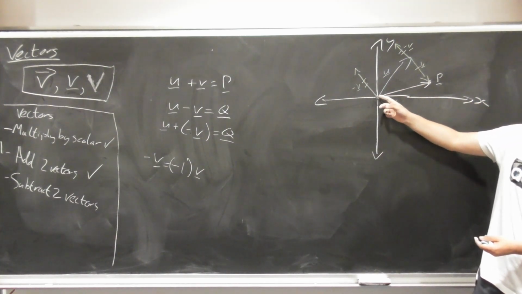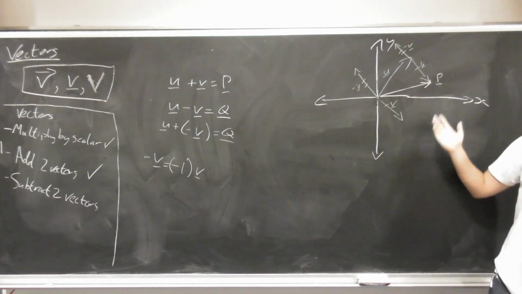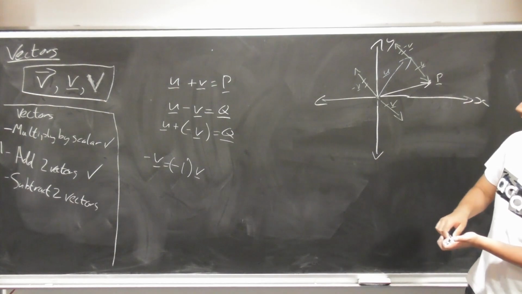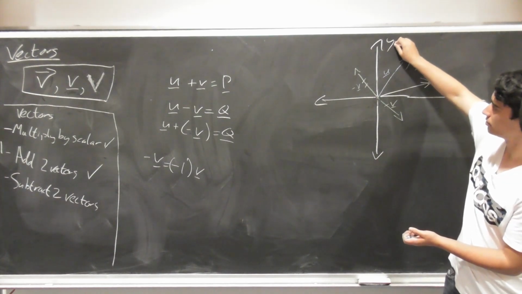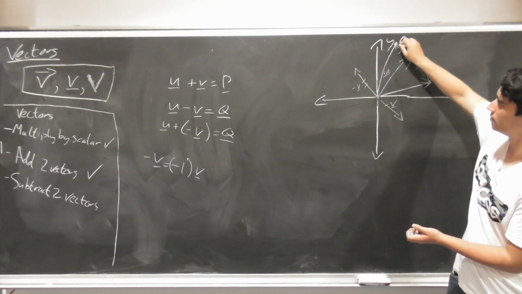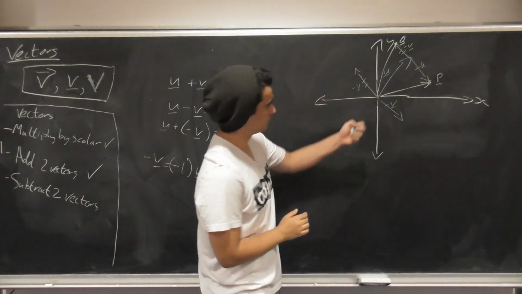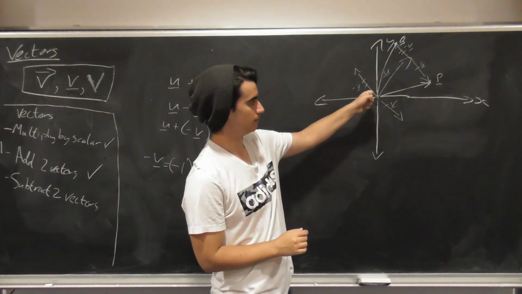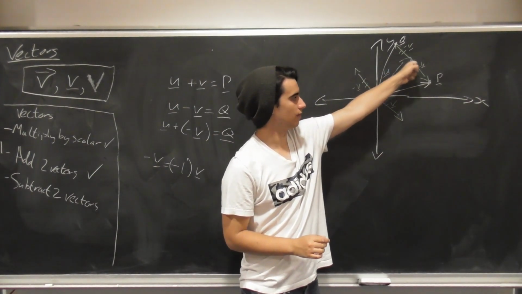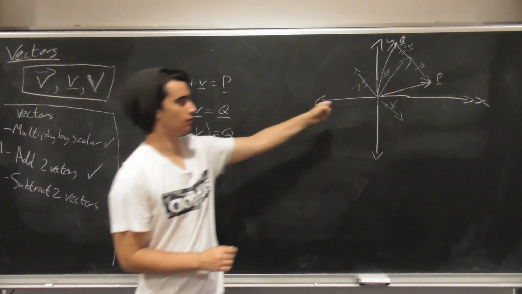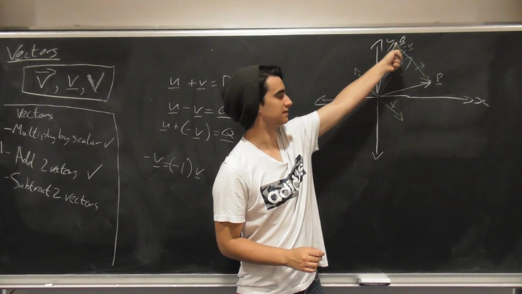So instead of going along u and then along v and then we reach p, we go along u and we go along minus v. And that's how we reach the q vector. So that diagram is getting a little bit messy, but I hope you can see how, instead of going along u and then along v to get u plus v, we go along u and then along minus v to get to q.